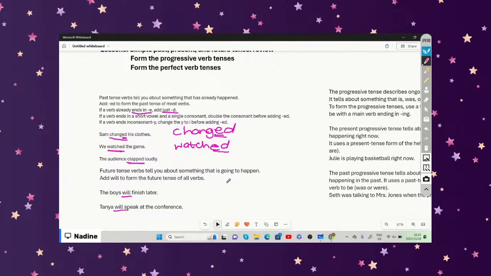In the future, we just add will, because the future tense shows something that is going to happen. We just add will to form the future tense of all our verbs.